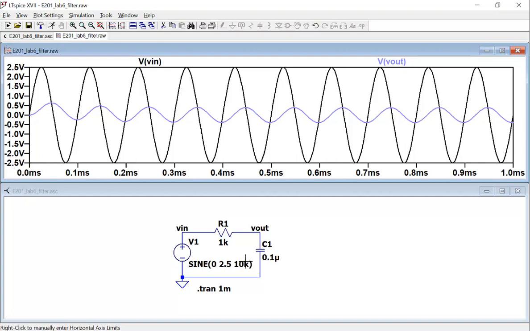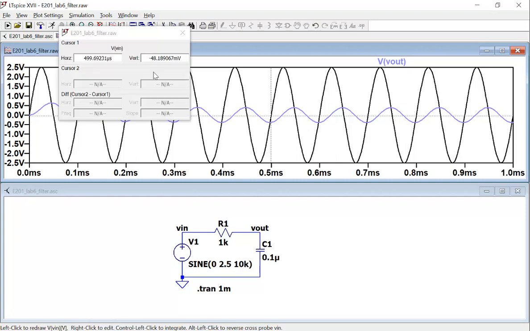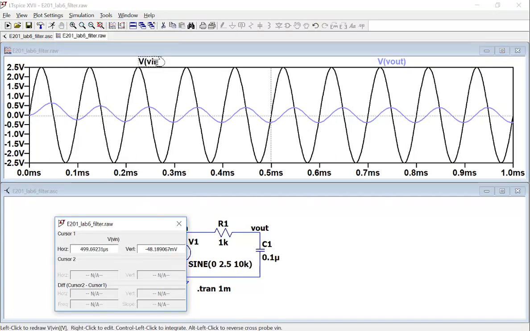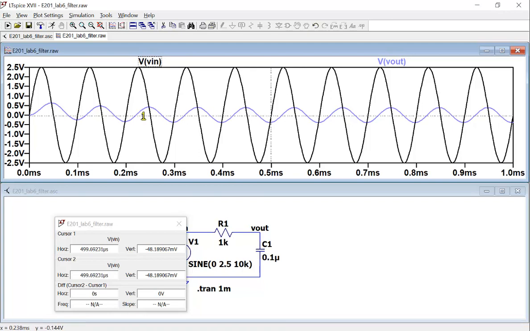So now, for example, I'm trying to measure the 10K hertz. So how to measure the time difference? Delta X, yes. So I activate one cursor and find another cursor, targeting the 2 peaks.